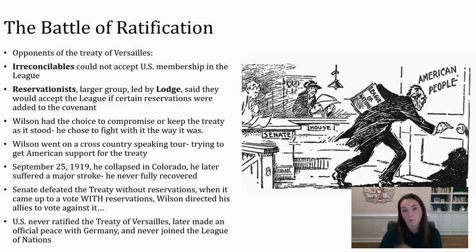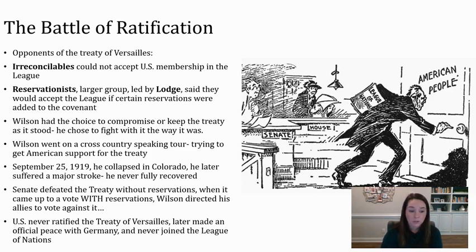Now, they have the radio and that technology to kind of help, but he was trying to convince the people to convince their representatives, their senators, to vote in favor of it. However, he suffers a stroke in Colorado and was never really able to fully recover.